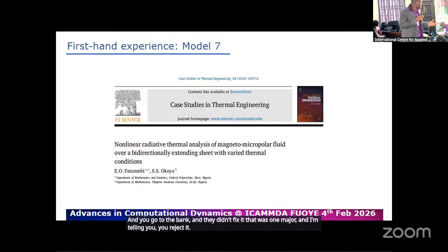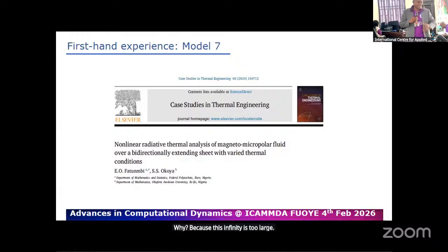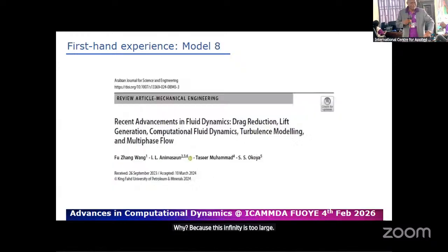Why? Because it's infinity, it's too large. When we went to the wedding, they were giving us bonds. If you give me 100 naira, we spent, we counted everything. So infinity is reality, and you have to break down the value of infinity.